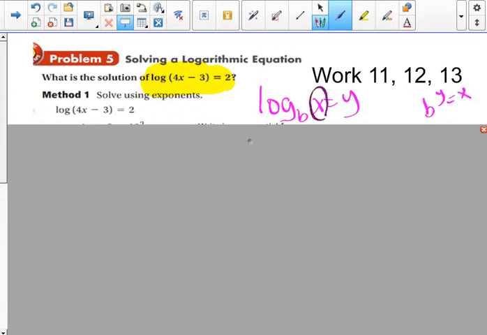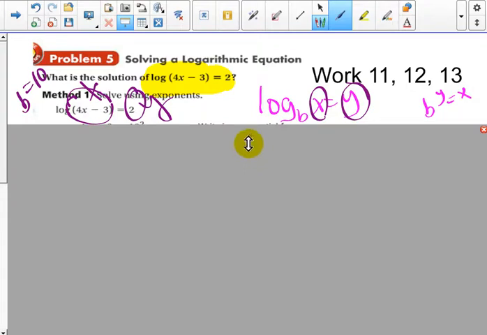x is equal to 4x minus 3. All of that becomes our x. And our y is 2. So our b equals 10. So now we have log base 10 of 4x minus 3 equal 2.